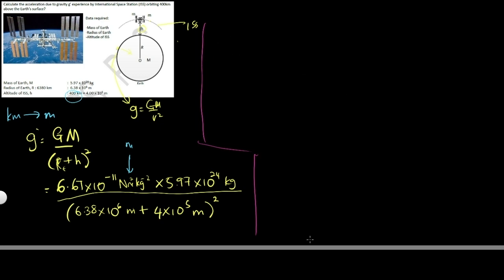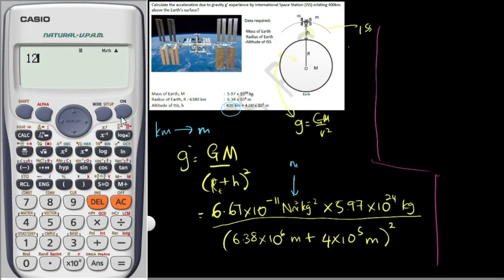Take out your calculator and let's calculate together. So 6.67 times 10 to the power of minus 11, times 5.97 times 10 to the power of 24.